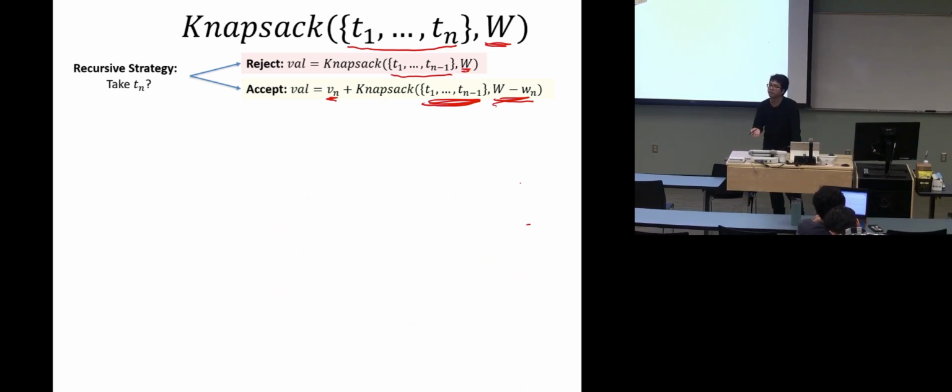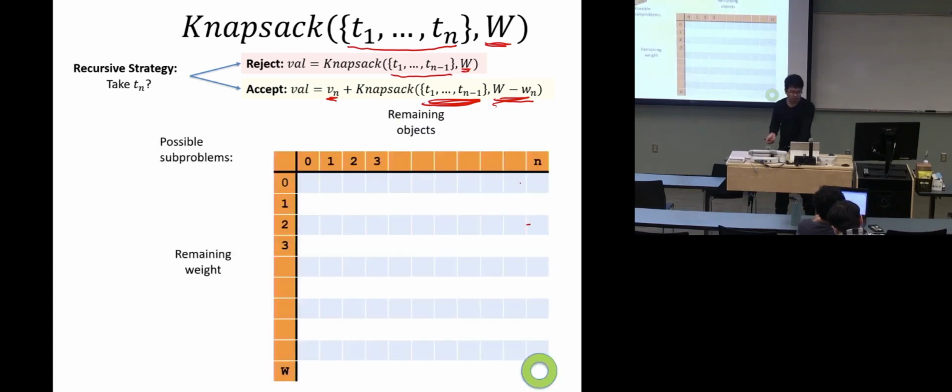Next, again, fill up the table. Okay. You have this table. Let's say this is i and this is W. What you want to fill in here is basically the knapsack problem from item 1 up to Ti, with capacity W prime.